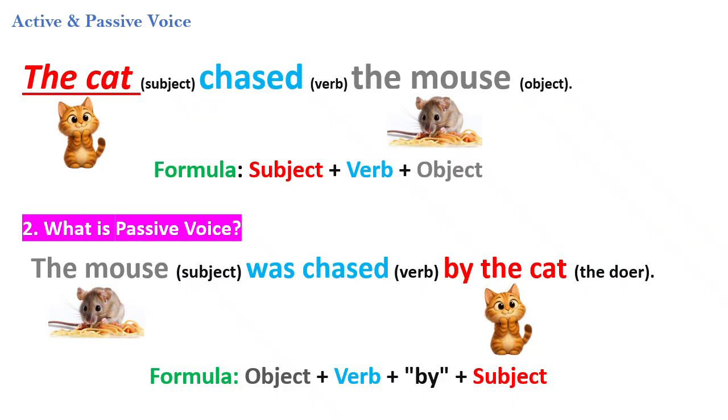Now, here we have the passive voice. So, what is the passive voice? Simply, we interchange the positions of the subject and the object. Instead of the object, we use the subject, and instead of the subject, we use the object. You can see Mr. Rat is now enjoying the position at the beginning of the sentence, so he has the value.